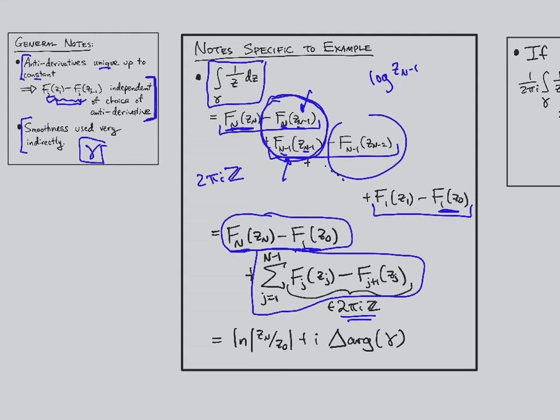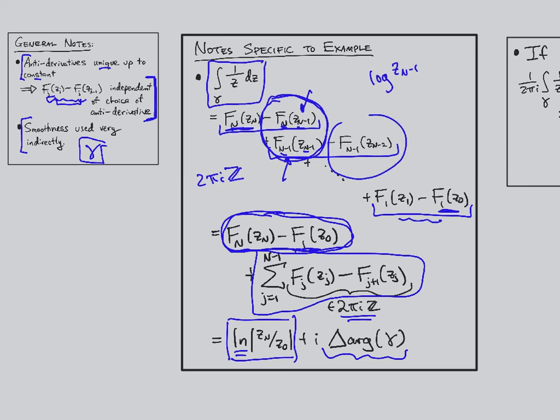Okay, and we could also examine this here: the real part will just be a difference of natural logs of the modulus, so I'll get natural log of zn over z naught in here, plus what we'll call the change in the argument of gamma, because this is basically just computing the change in angle as you move along the curve.